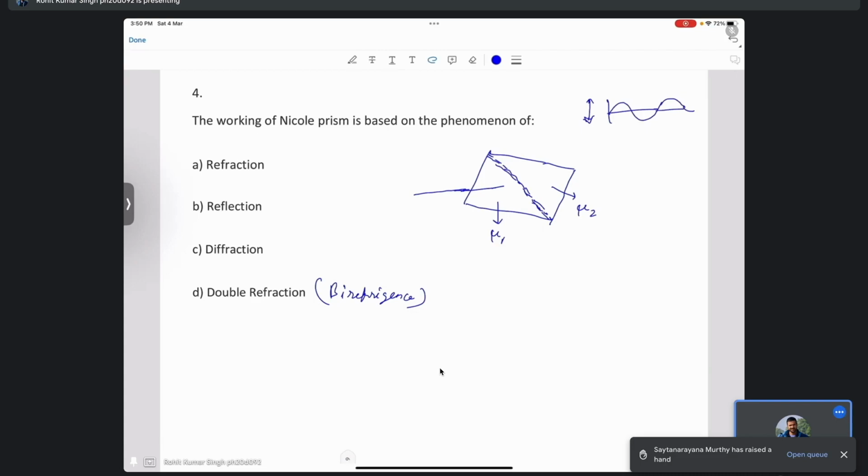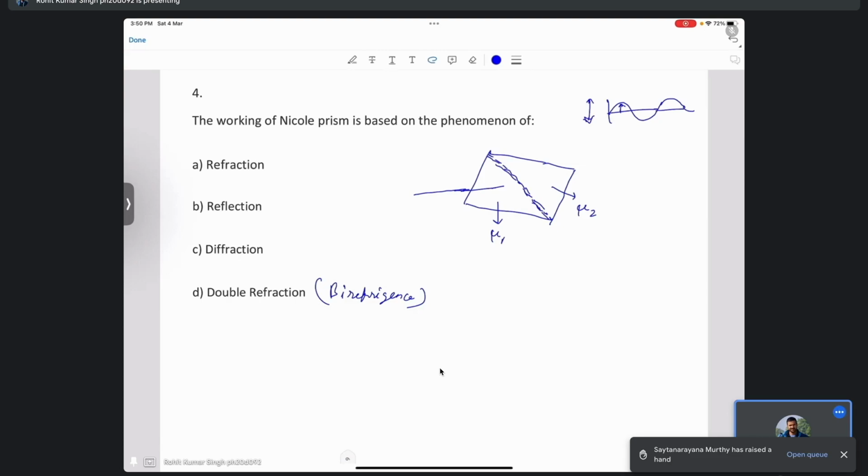So basically the electric and magnetic fields vibrate perpendicular to each other, and that's what we call light ray propagation. This vibration of the electric field determines the direction of polarization. So an unpolarized light has directions of polarization in all directions.